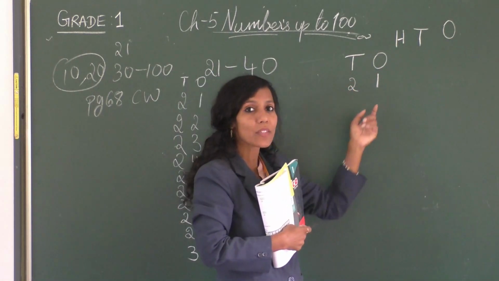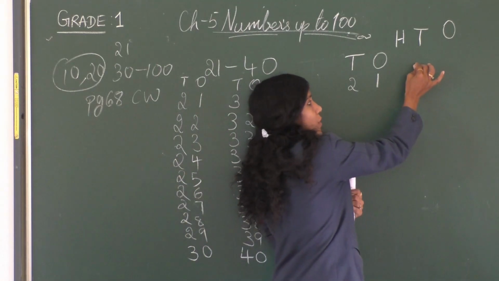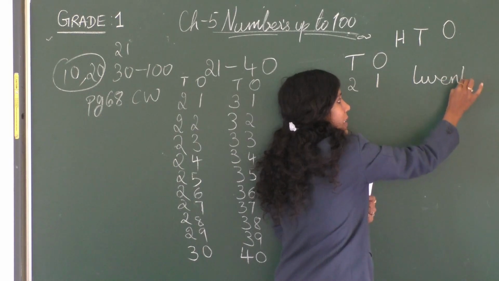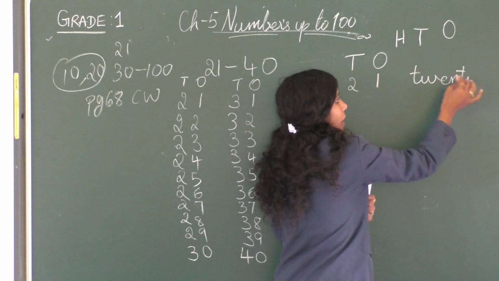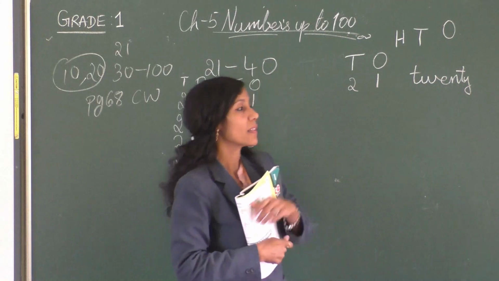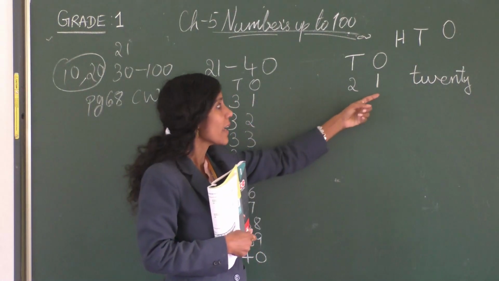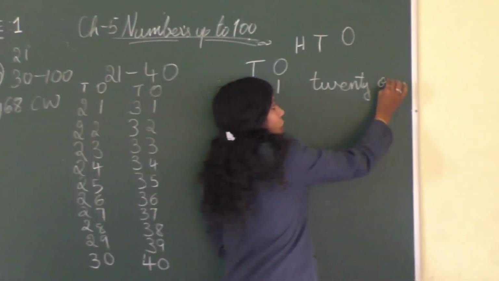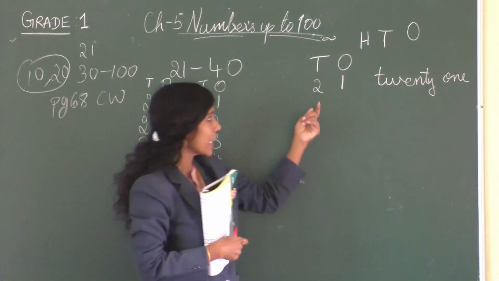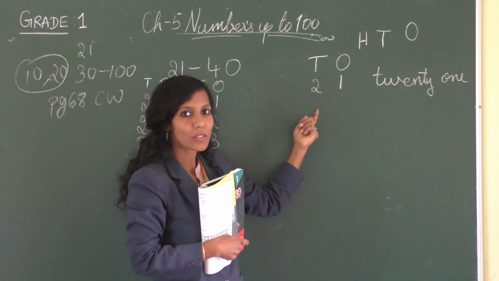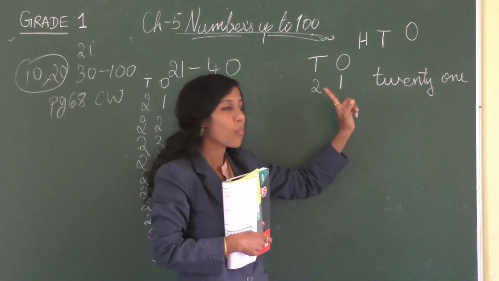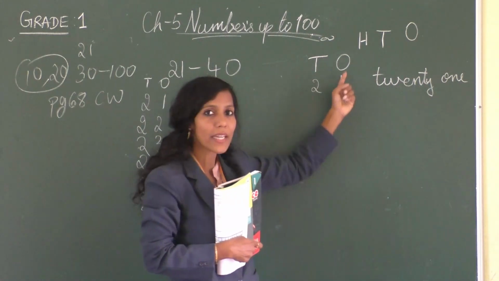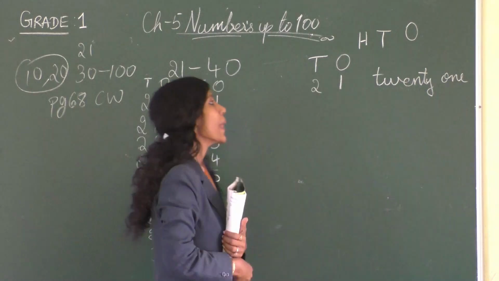21. How do you write it in words? We write TWENTY, that is this 20, and the spelling of 1 is only what you have to write, ONE. So you are writing 20, 1: 2 under tens, 20, and 1 under ones, 1.